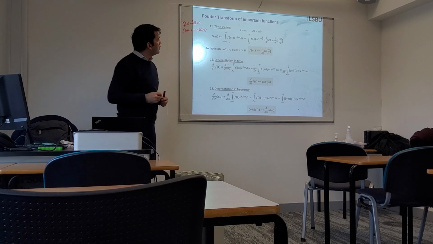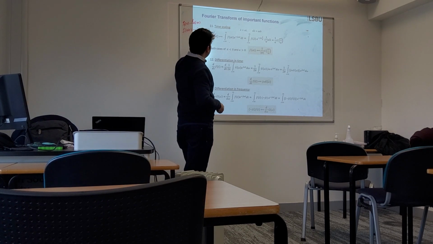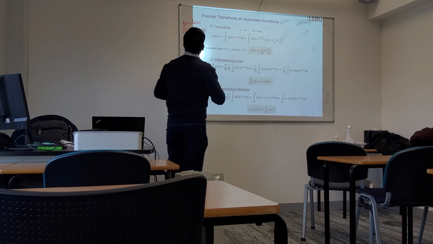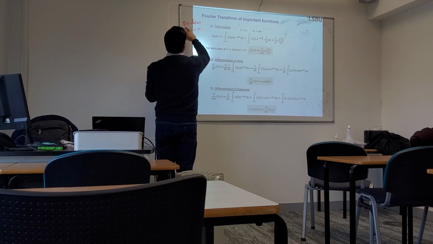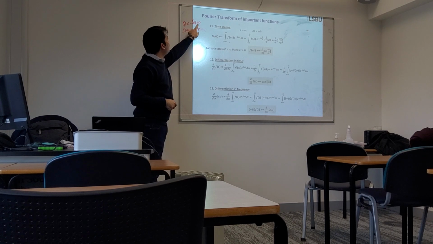Right. So in this case, we have a time scaling in the function, and we know the original Fourier transform. As I said, the Fourier transform of f of t is g of omega. So if you have a inside, what would happen?